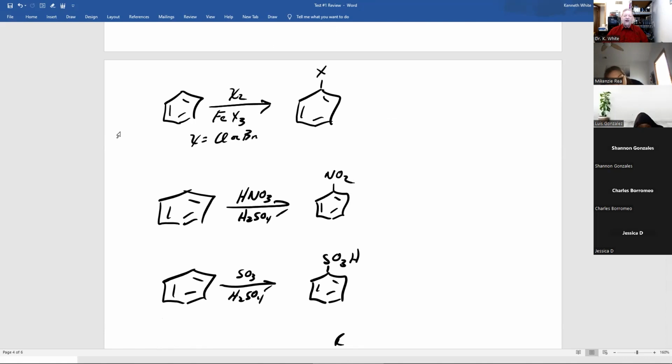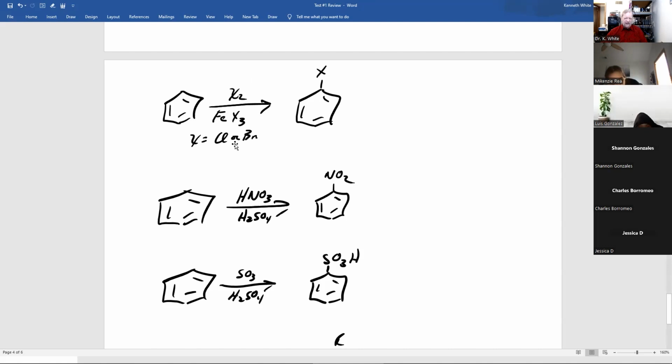And we have what's called electrophilic aromatic substitution, where one of the hydrogens on a benzene ring, remember we don't show hydrogens on a ring, is replaced with something. The first reaction, take halogen gas, X2, and for this you need a catalyst, FeX3, where X can be chlorine or bromine. That's all I've ever seen it in real life. And you replace one of the hydrogens with a halogen.